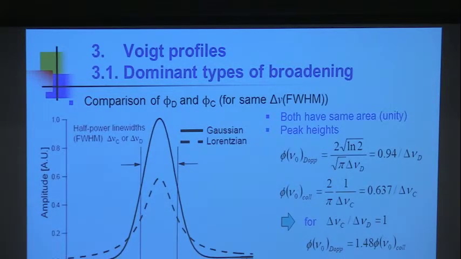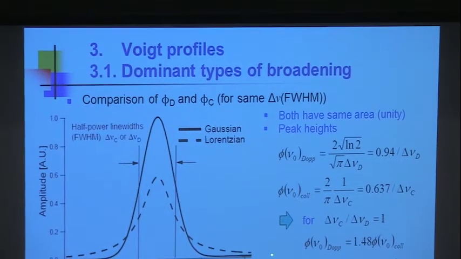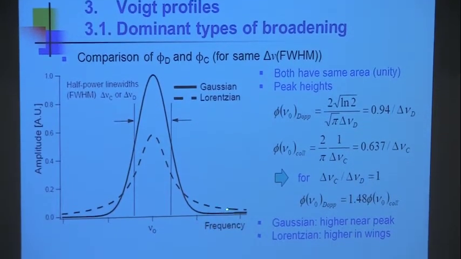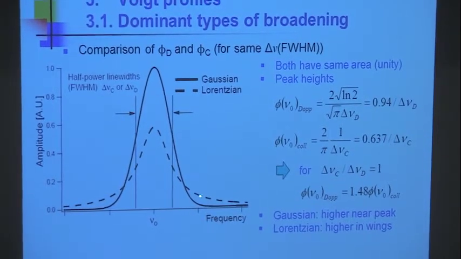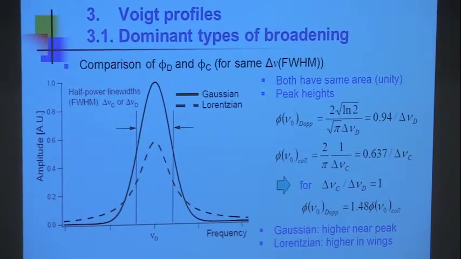Okay, so now we have to compare Gaussian and Lorentzian. This is the Gaussian, and this is the Lorentzian. Remember, the integral is 1. So the Lorentzian being broader, falling off as 1 over r squared, has a lower peak. So the ratio of these peaks is given here. For the Doppler, it's 0.94 divided by its full width.